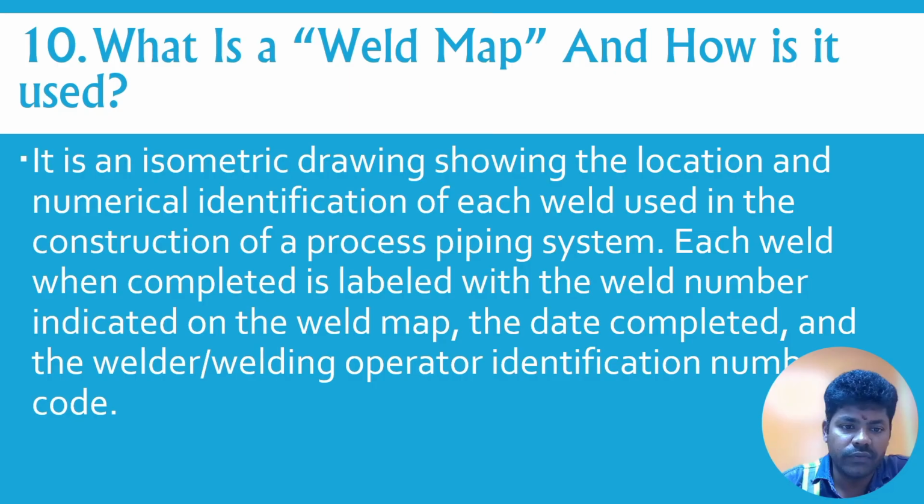Each weld, when completed, is labeled with the weld number indicated on the weld map, the date completed, and the welding operator identification number. The weld map is used for the weld number, joint number and welder number, and whatever things you need to mention on the pipe, and you make the weld map. That is a weld map.